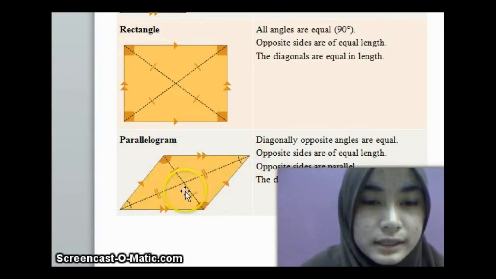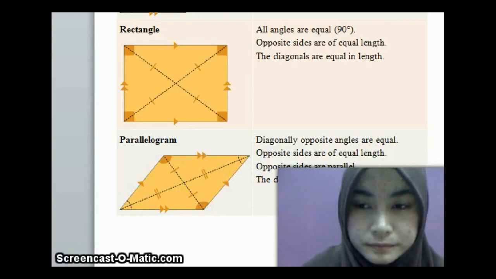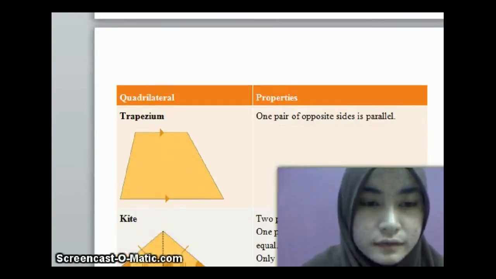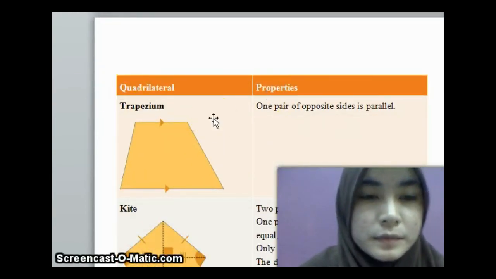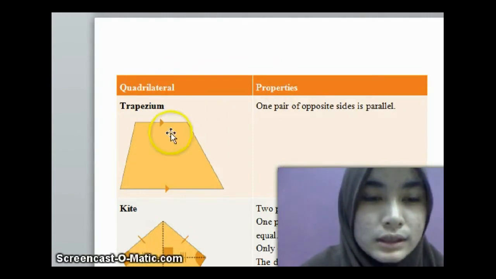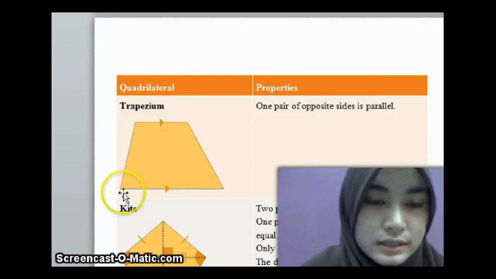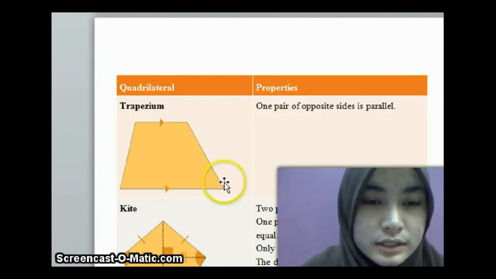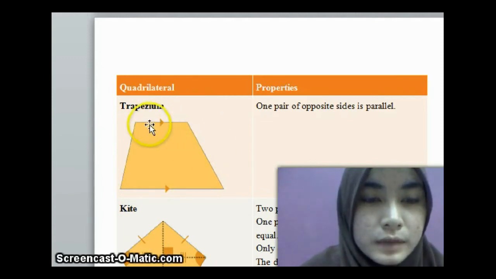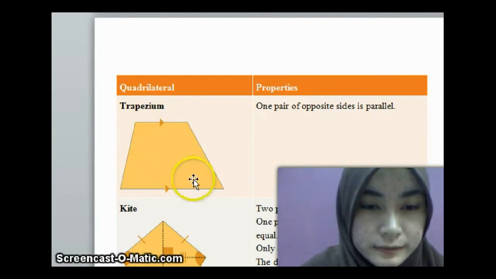The diagonals bisect each other. Next, for the trapezium. Trapezium only has one pair of sides that are parallel. The other pair is non-parallel. But the angles still total to 360 degrees.